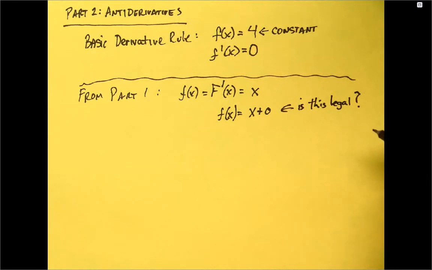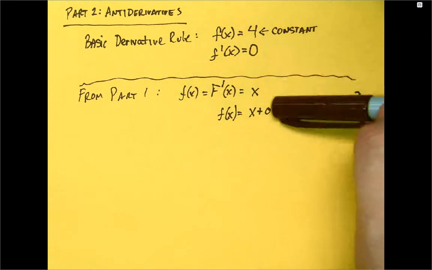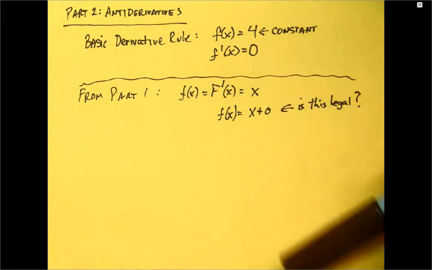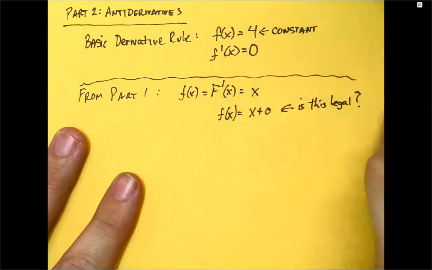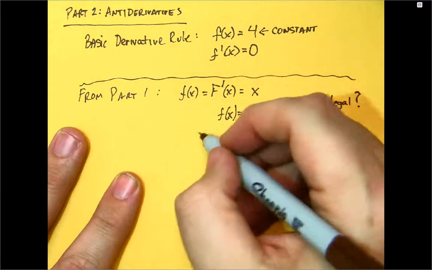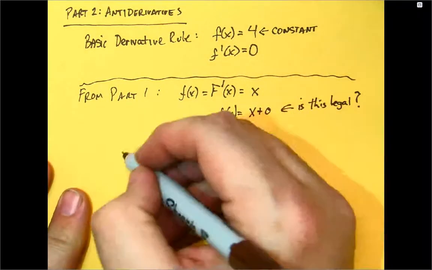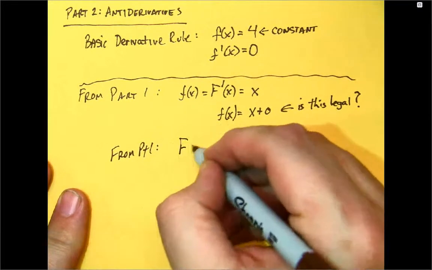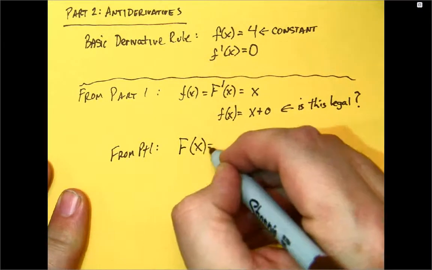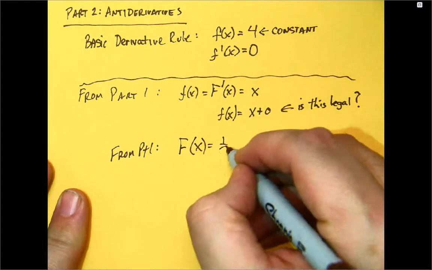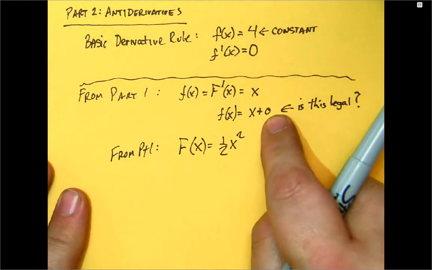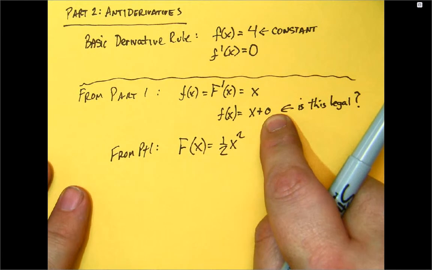Absolutely. Now, hopefully, we're going to try and marry these two ideas together. Now, we figured out from part 1 that Big F of x, the antiderivative, was 1/2 x squared. But what's the derivative that's going to give me a 0?